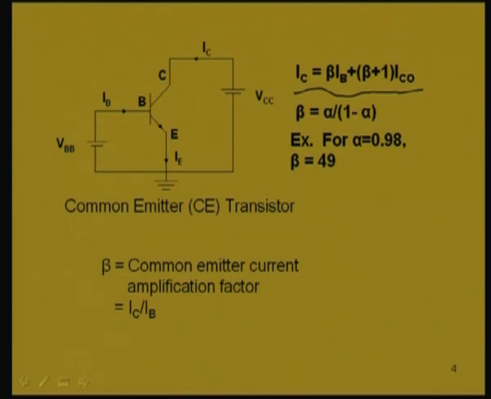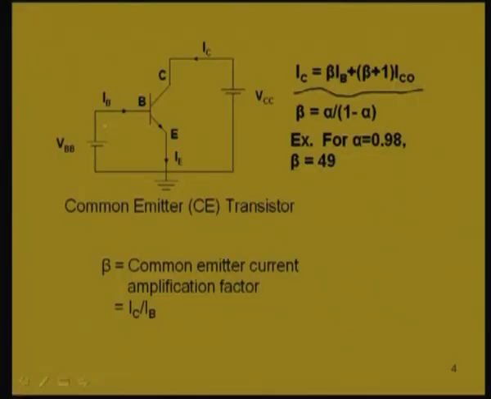Now, the typical value of beta may vary from 50 to 400, just roughly, because every transistor has its corresponding parameters specified in its data sheet, and for a common emitter transistor the beta value for that particular transistor will be specified there. Different transistors may have different beta values, but it will almost vary between 50 and 400.